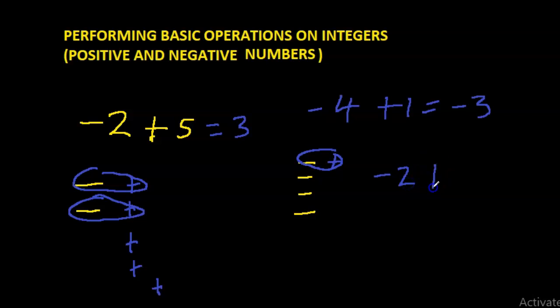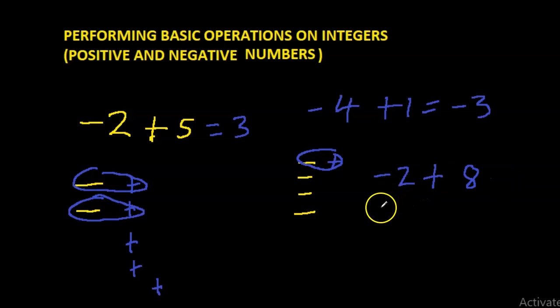-2 plus 8. And I think you'll get to a stage now where you probably don't need to do this anymore. But anyway, let's do it one more time. -2 plus 8. You'll see that 2 of these negative signs will cancel 2 of these positive signs and leave you with 6, right?